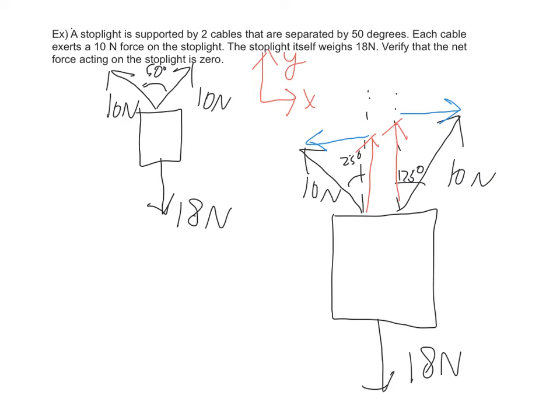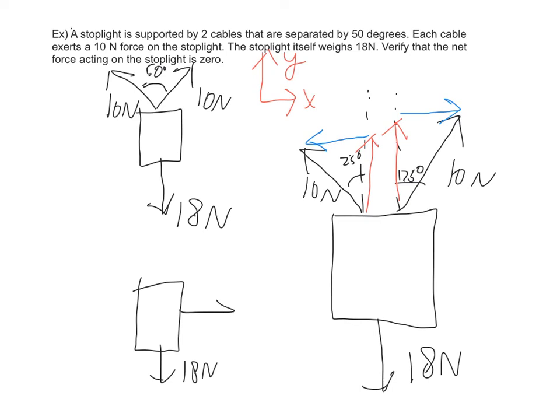So what I will do now is get my x and y components for these forces up here, and then we will redraw this free body diagram with just the components showing. So now all of our forces will be in either the x or y direction. If we do such, this is what you would end up with.